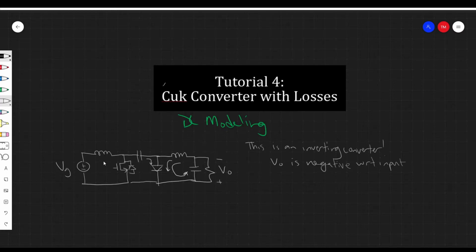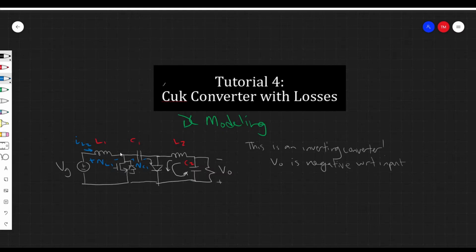Cool. So let's get to labeling, right? We have L1, C1, L2, and C2. Pretty normal so far. Let's label some voltages and currents. We have VL1 in that direction, VC1 in that direction, and we're using passive sign convention, so once we define the voltage, we can define which direction the current should go.